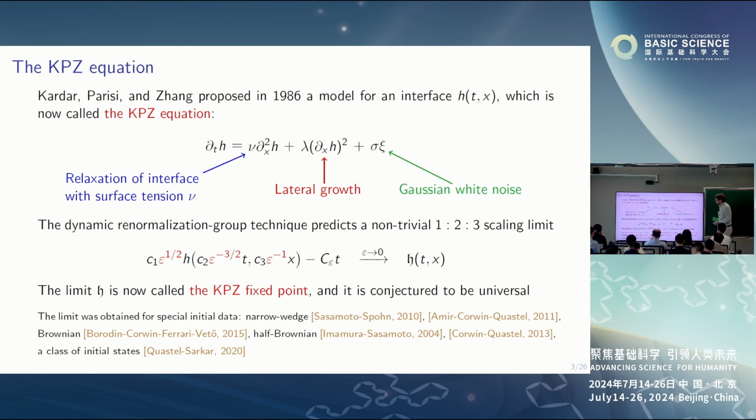If we centralize the interface by subtracting some large deterministic constant, then when epsilon goes to 0, one expects to observe a non-trivial limit. This limit is a random function on the space-time domain, and nowadays it is called the KPZ fixed point.